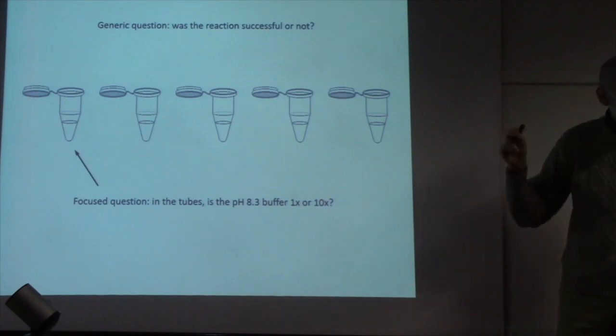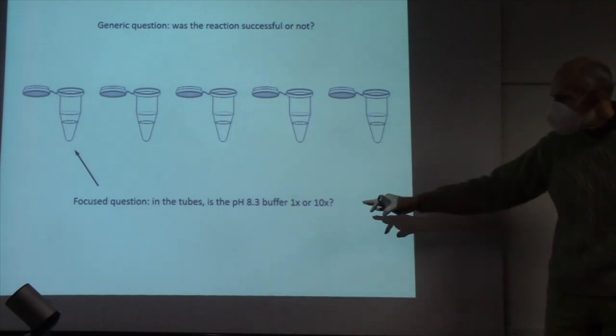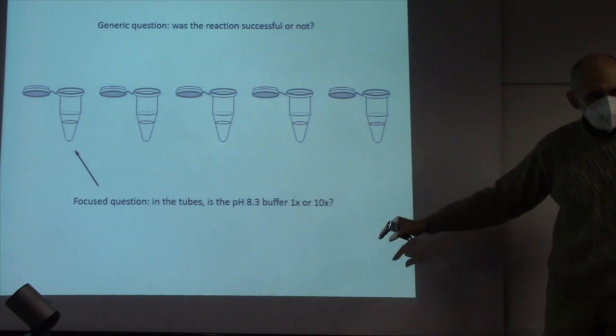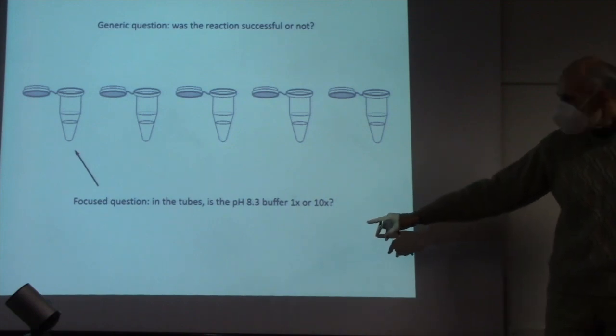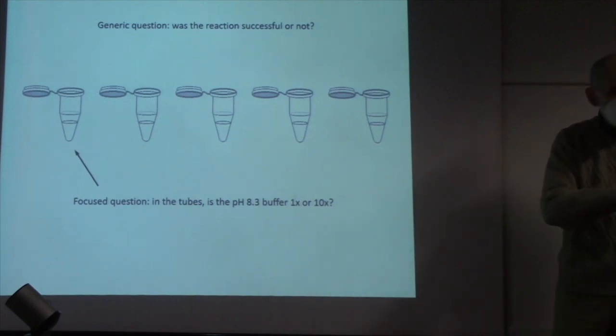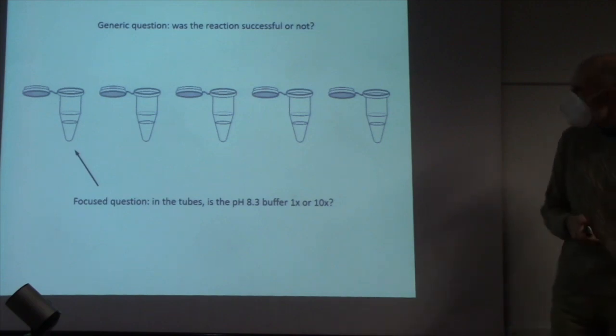Because that was the potential problem. So first of all, focus on the actual problem, and then find a way to approach the question. But this question already suggests a solution, that is what you've just said. A 10x buffer is 10x better at keeping the pH put.